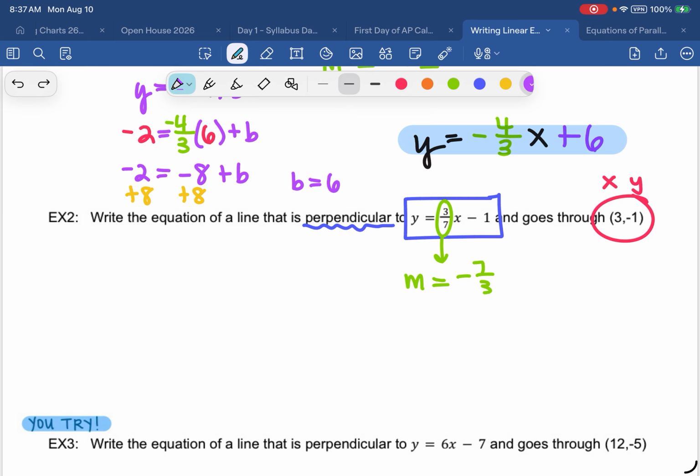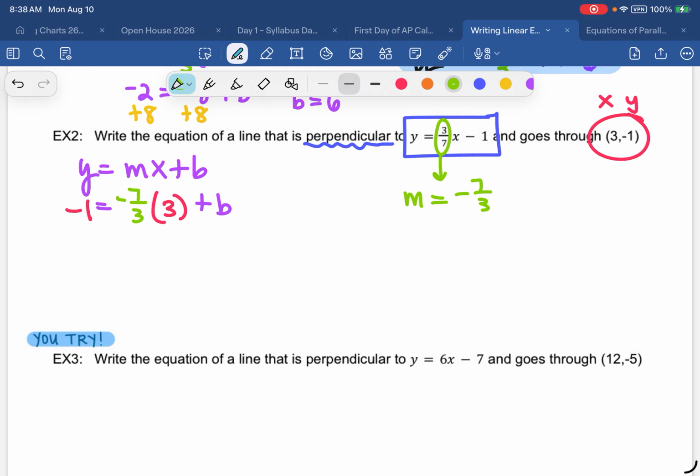So for the equation of our line, y equals mx plus b. Y is -1, x is 3, and then our slope is -7/3. To solve for b, we'll multiply these together. So that's -7 plus b equals -1.